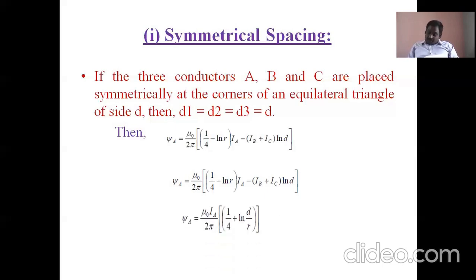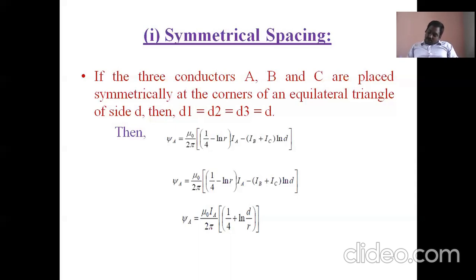That's why minus Ib plus Ic is plus Ia natural logarithm of d here. So psi a is equal to mu naught by 2 pi, 1/4 minus natural logarithm of r into Ia plus natural logarithm of d into Ia.